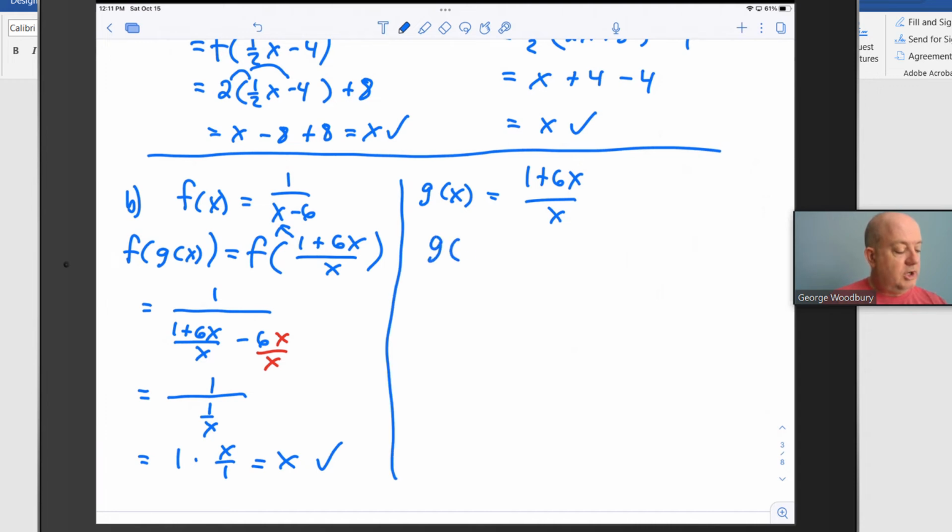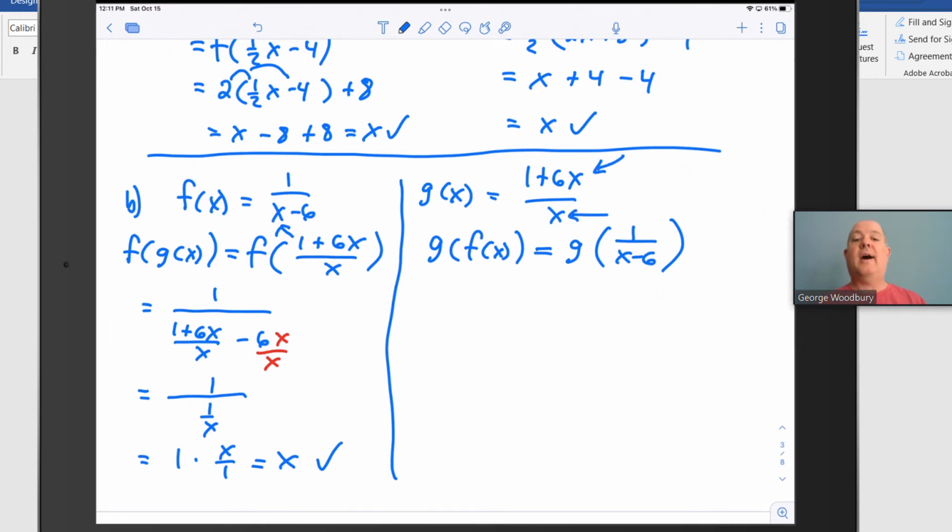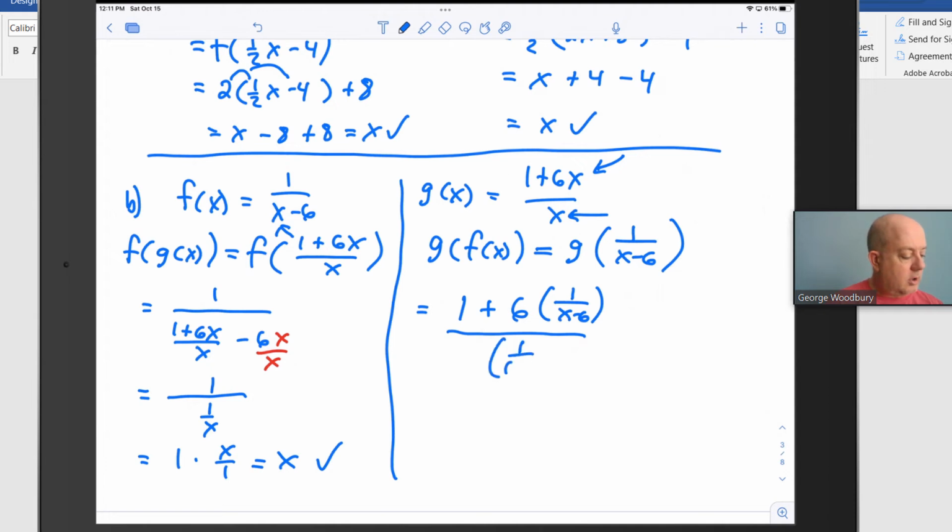We're going to be working with g of f of x, which is g of 1 over x minus 6. In both places that we see x in this function, we have to replace that with 1 over x minus 6. So we have 1 plus 6 times 1 over x minus 6 all over 1 over x minus 6.